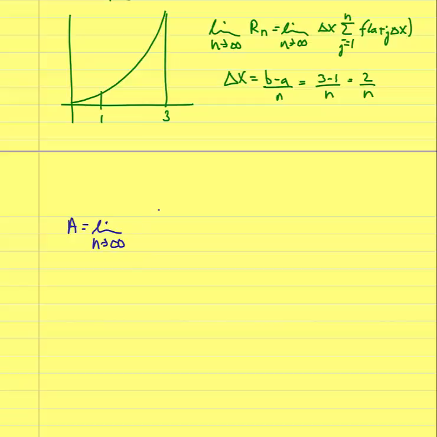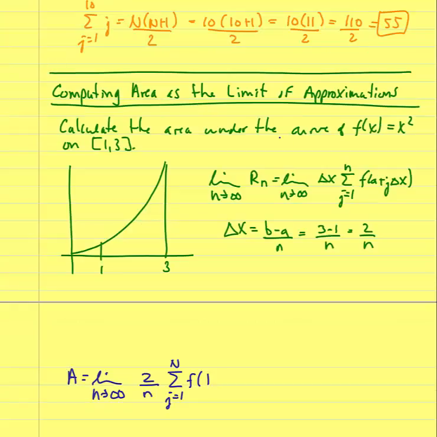Okay, let's go ahead and plug this in now. Delta x, which is 2 over n. Okay, so I have 2 over n. And then with this summation notation, I don't want to write out every single rectangle. I can't. There's an infinite number of them. But let's look at what this looks like. This says to start with a. A in our case is 1 because it's my left endpoint.